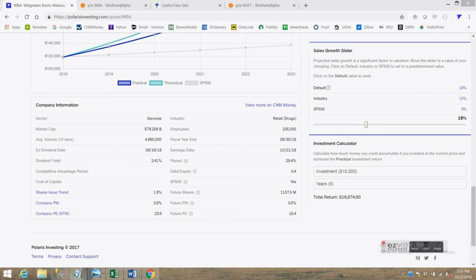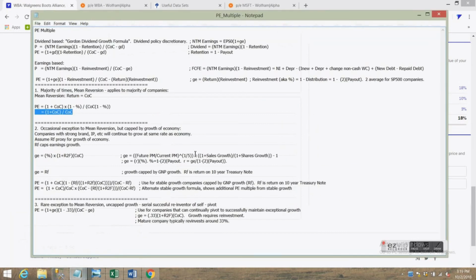And a good proxy for the growth of the economy is just the risk-free rate of return, which is the 10-year Treasury note typically. And that currently is running around 2.5% to 3%. So if the growth of earnings is now capped by RF, we can calculate a growth of our earnings, but we have to keep in mind that it's capped by this RF.